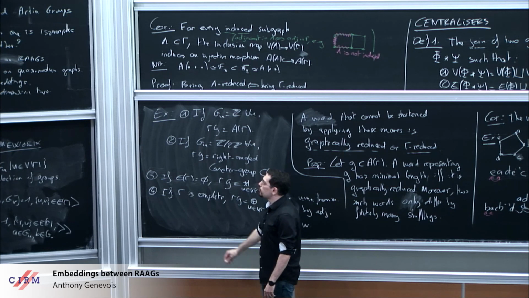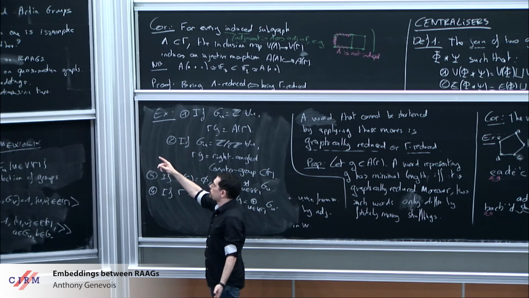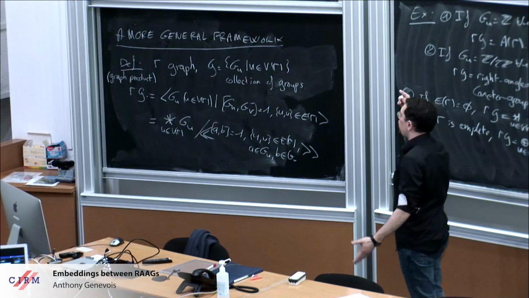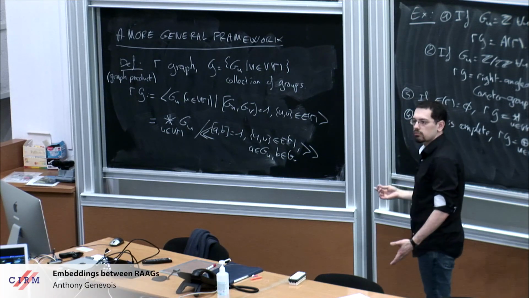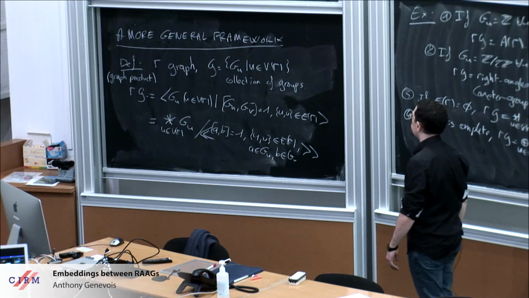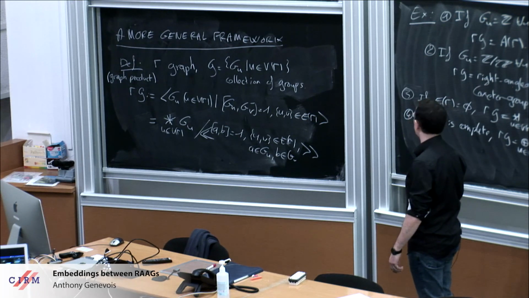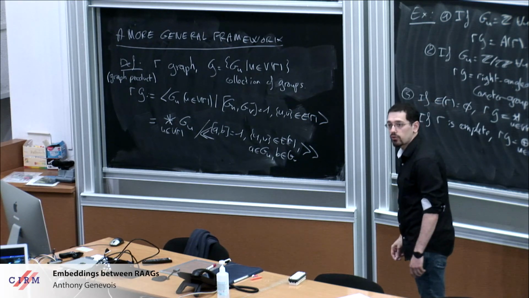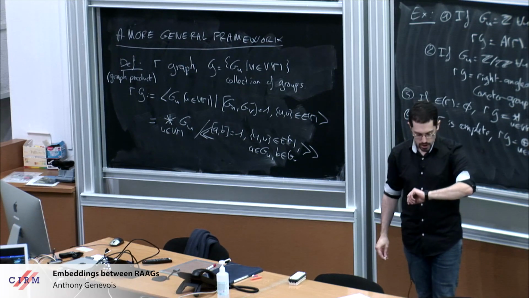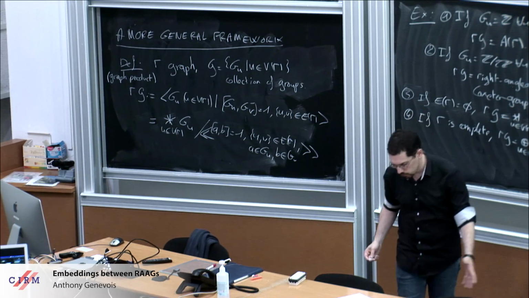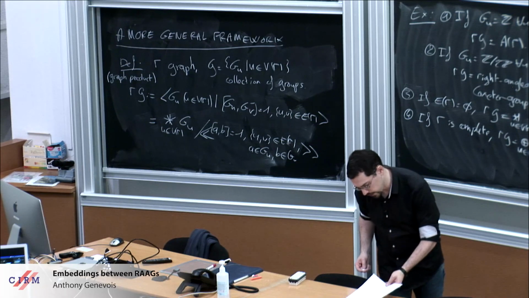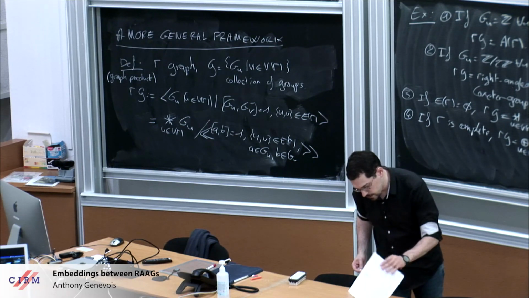So actually, the theorems are not about right-angle Artin groups, they are really about graph products. So just keep in mind this claim, even though we are working only with right-angle Artin groups. Okay, and I think that's all for today. Yes, so thank you very much.